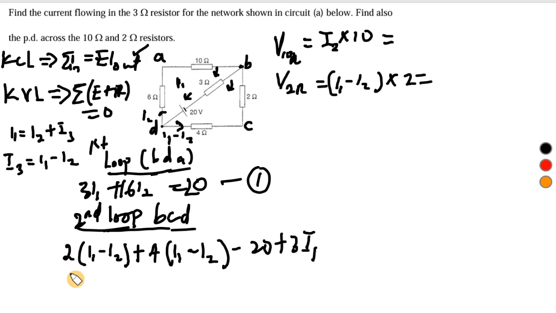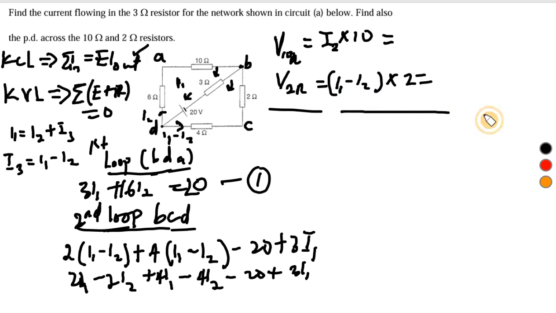So this now will be 2I1 minus 2I2 plus 4I1 minus 4I2 minus 20 plus 3I1. So we can sum up all I1, and we have 2I1 plus 4I1.